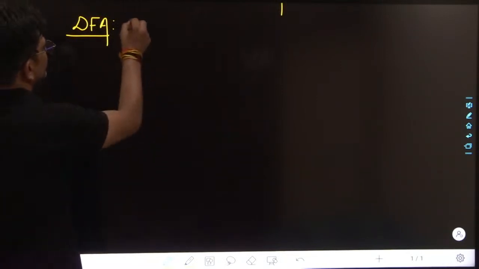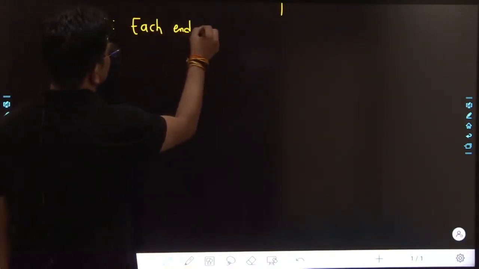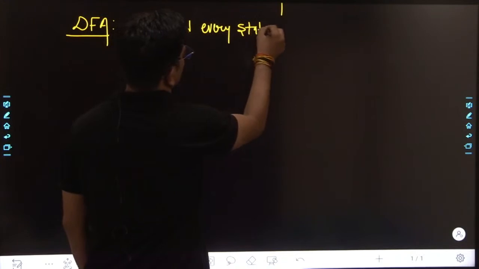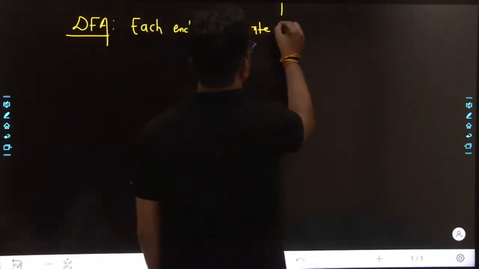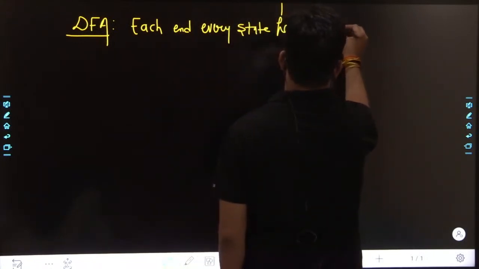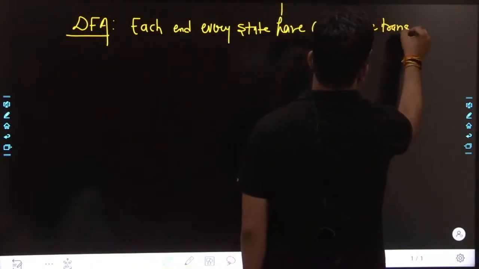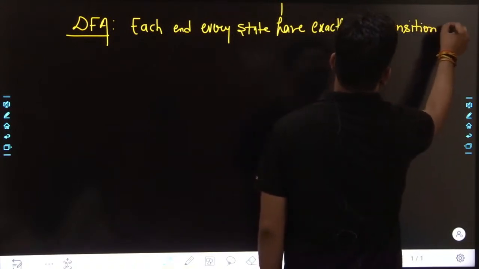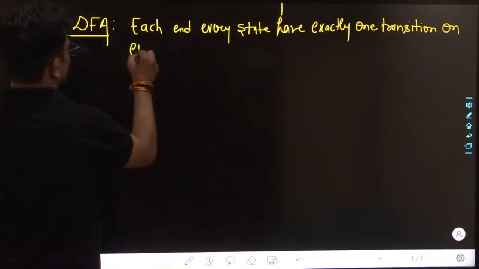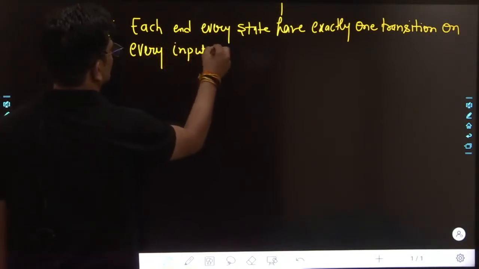So what is the definition of DFA, deterministic finite automata? See, each and every state has exactly one transition on every input symbol.